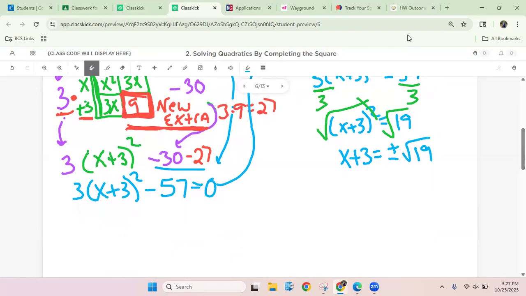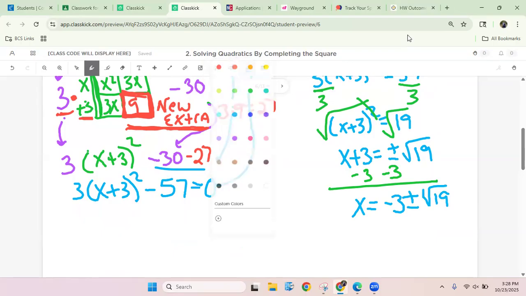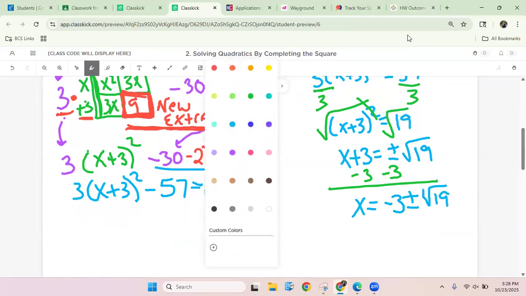And we're going to get rid of that positive 3, so we subtract 3. Then we get x equals -3 plus or minus the square root of 19. Please remember that there are two answers when we write that, because we have a positive square root of 19 and a negative square root of 19.